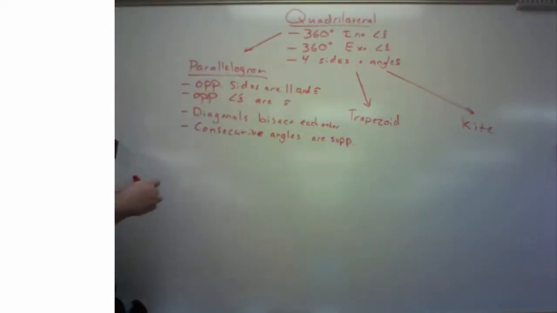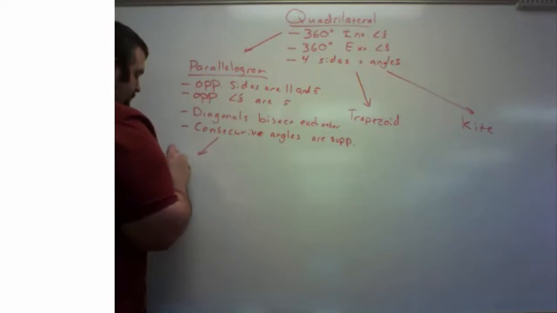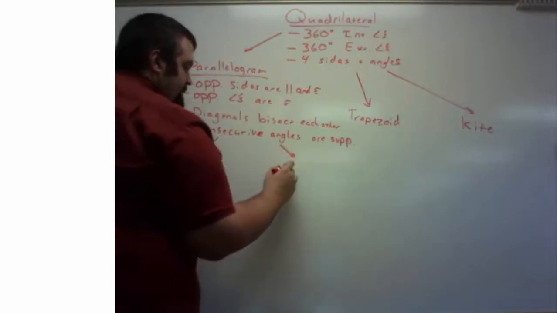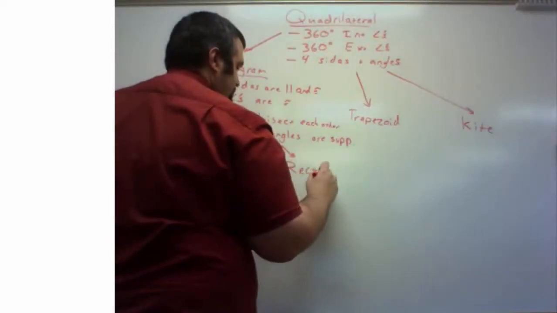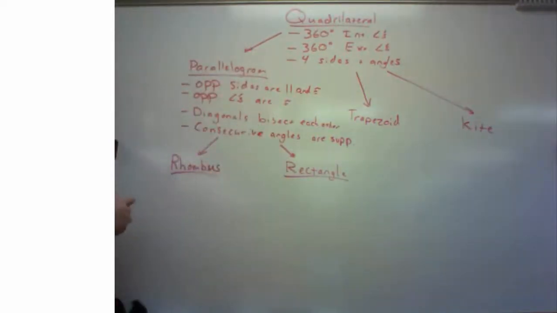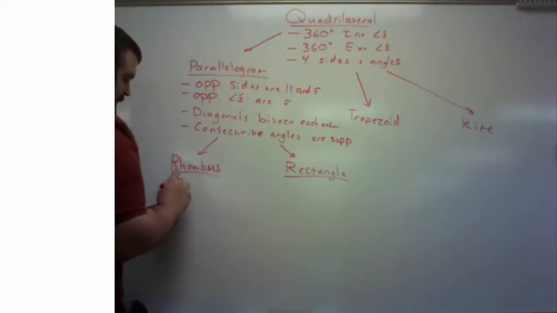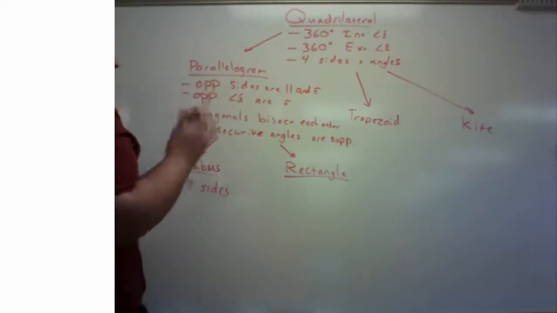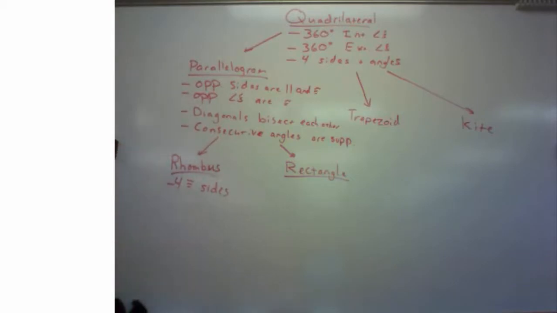Alright, and then in a parallelogram there's three shapes. There's what we call a rhombus, and there's what we call a rectangle. Now a rhombus, the main thing that's neat about it is that it has four congruent sides. It's the only shape besides square that has four congruent sides.